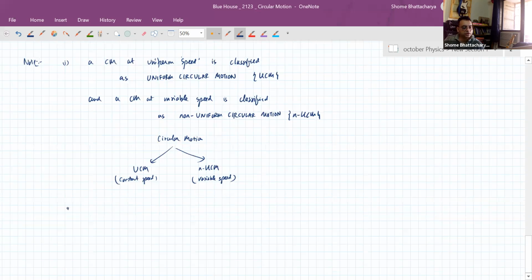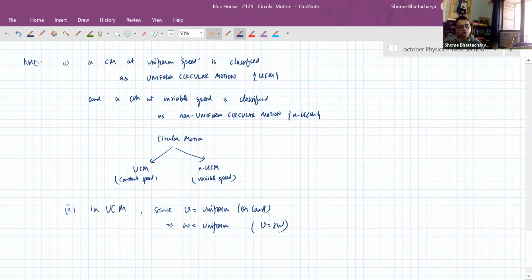From this, we can also see that in uniform circular motion, since speed is uniform or constant, therefore omega is also uniform, because we have the relation V is equal to R omega.